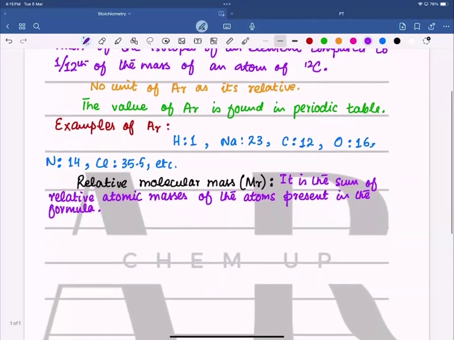And the term relative molecular mass, the symbol is MR, but this term is used for covalent substances.